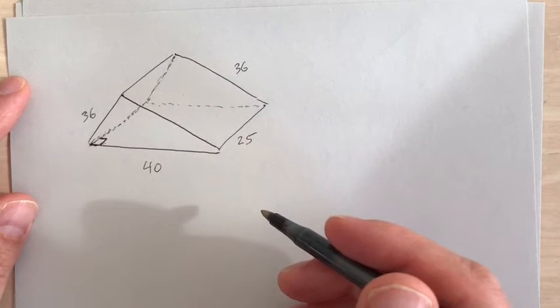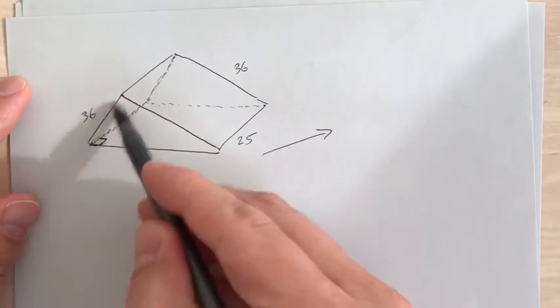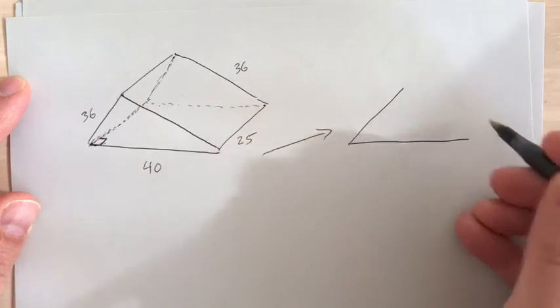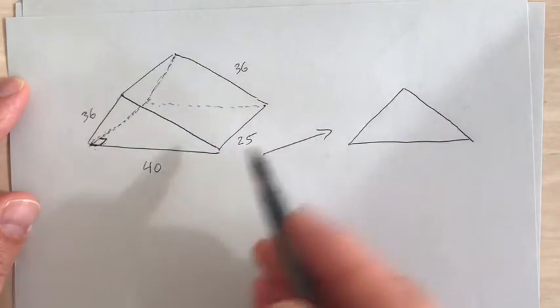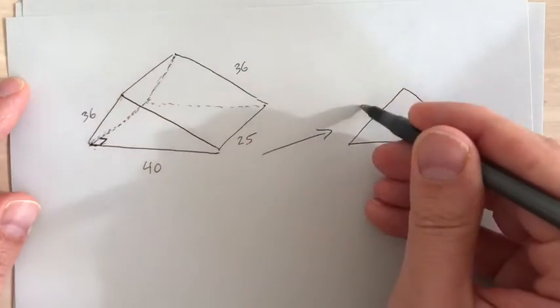The answer to the question today is the Pythagorean theorem. If I look at just this triangle, notice that this is definitely not drawn to scale, and I'll show you why in a second. The base length of this triangle is 40. We know that this length is 36.